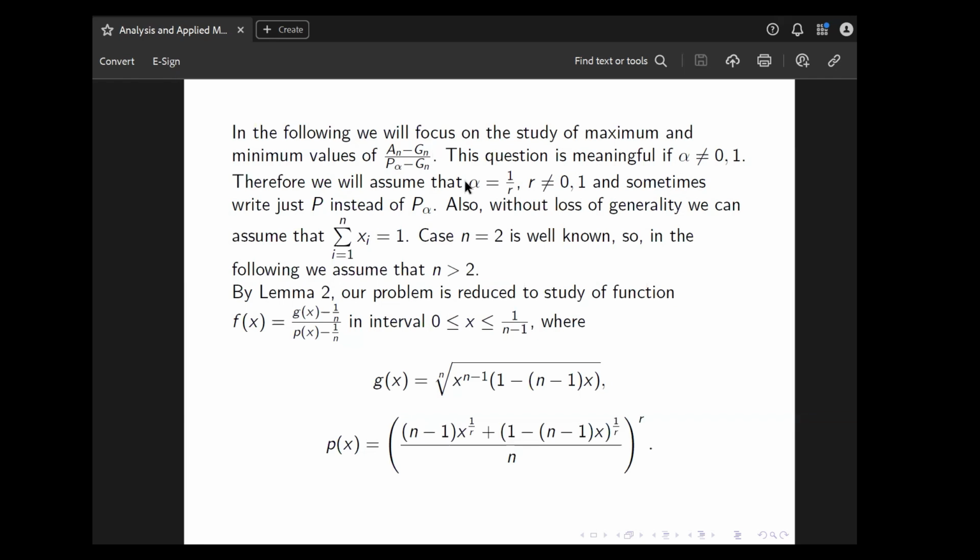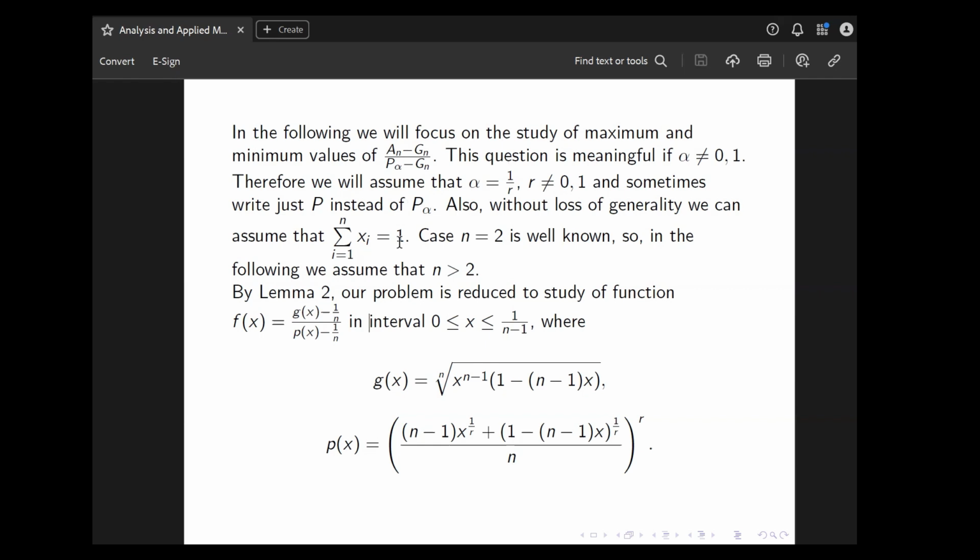So we will assume that alpha is 1 over r, and r is different from 0 and 1. Sometimes instead of P_alpha, we will just write P. Also note that without loss of generality, because this expression is homogeneous, we can assume that the sum of the numbers is 1.